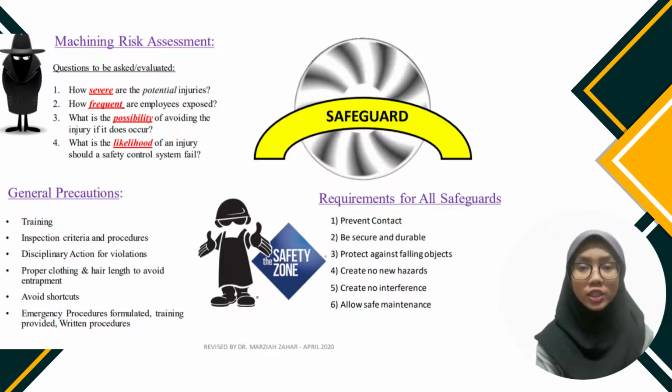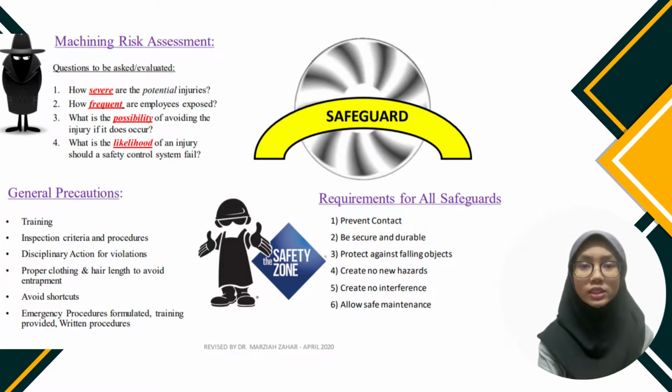Next, secure and durable, which means machine guard must be secure and strong so that workers are not able to bypass, remove or tamper with them. They must be attached to the machine where possible. If the guard cannot be physically attached to the machine, it must be secured in another way.